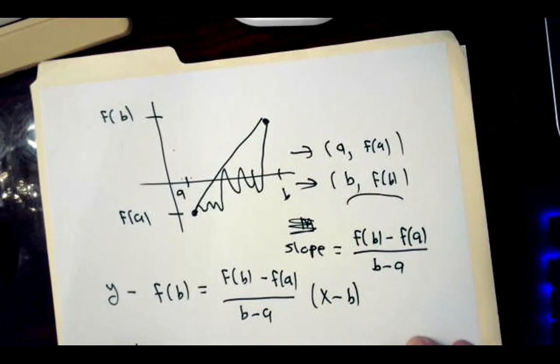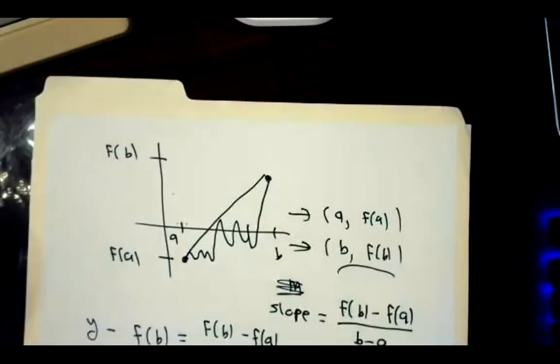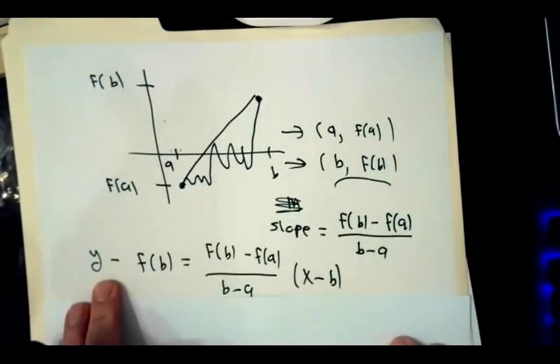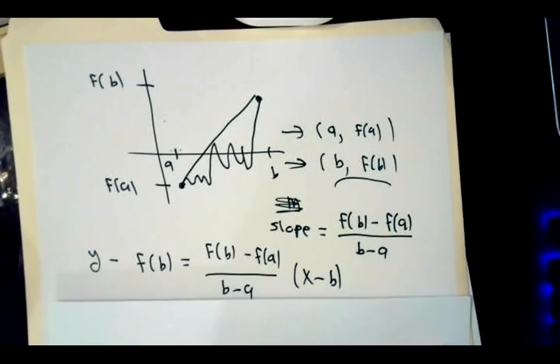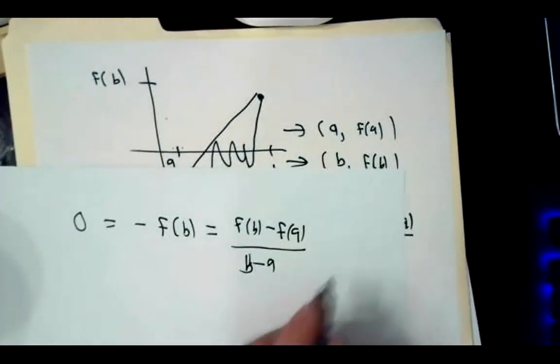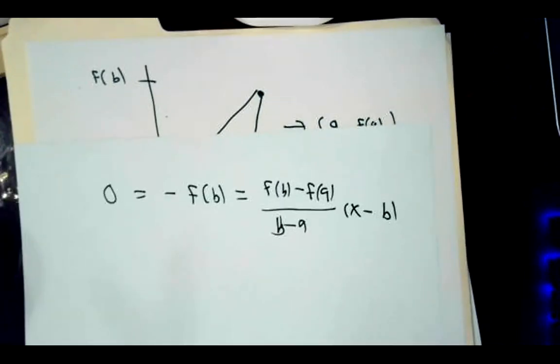What do we want? We want y to be 0. So in this formula, I want the y to be 0. 0 equals negative f of b plus the slope times x minus the known x coordinate.